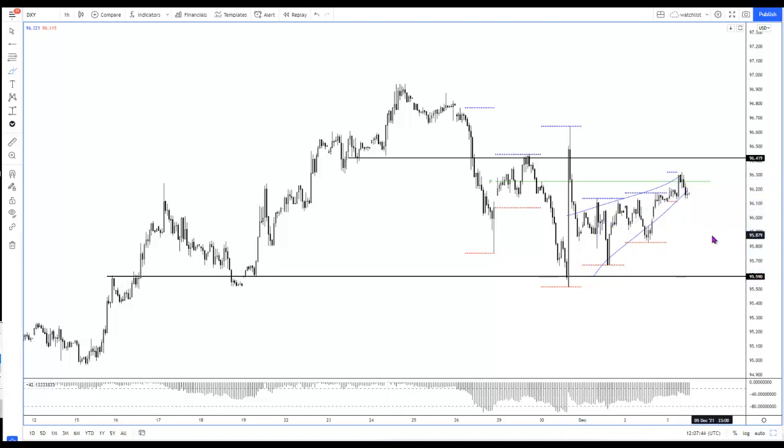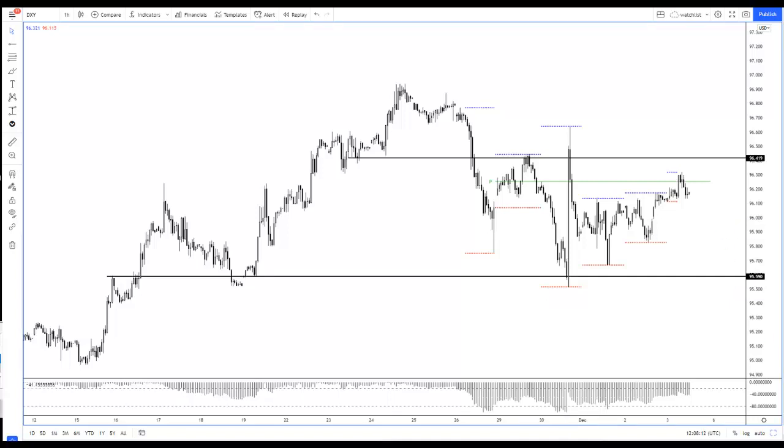But that could only be momentum driven due to the miss on that economic data, the job numbers. What I would be looking at if that scenario plays out is possible longs at 95.55, but that would be a little too risky in my opinion.